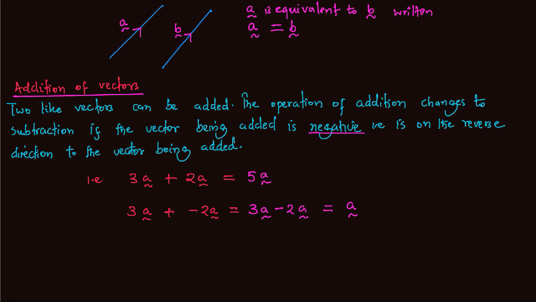If the vectors are unlike, for example, 5a plus 3b, this remains 5a plus 3b.